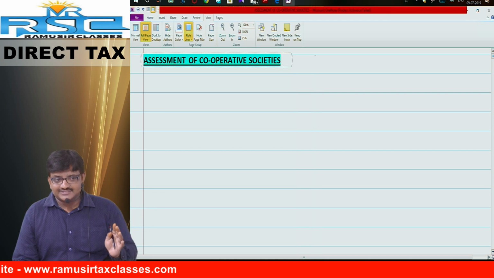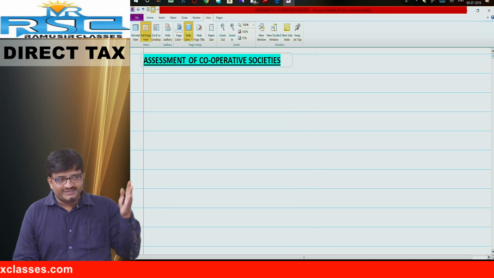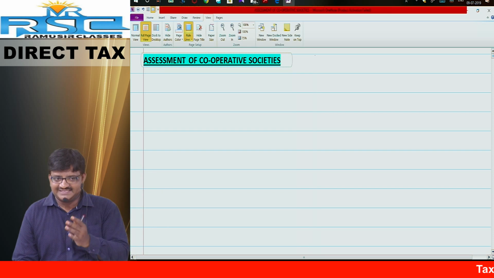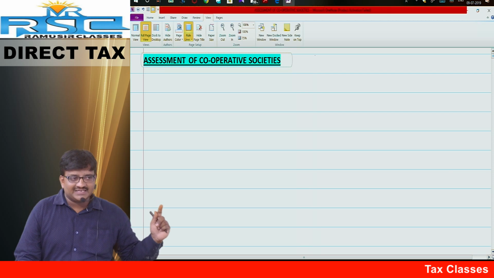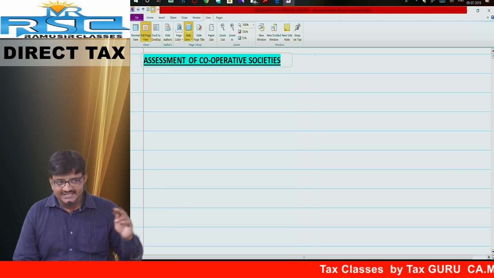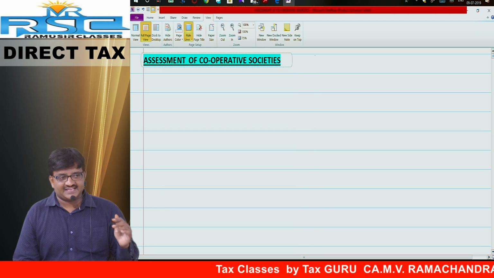In case of cooperative societies, there is no such concept. The full amount is taxable. If the total income is up to 10,000, 10% is the tax rate. Above 10,000 up to 20,000, 20% is the tax rate. If the total income exceeds 20,000, 30% is the tax rate.